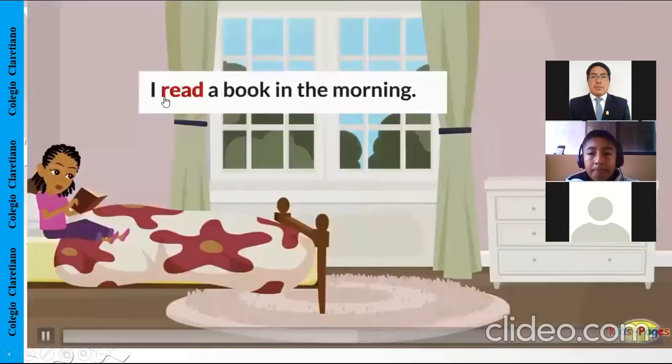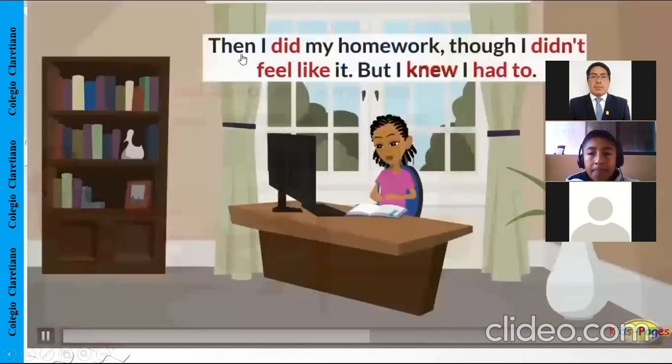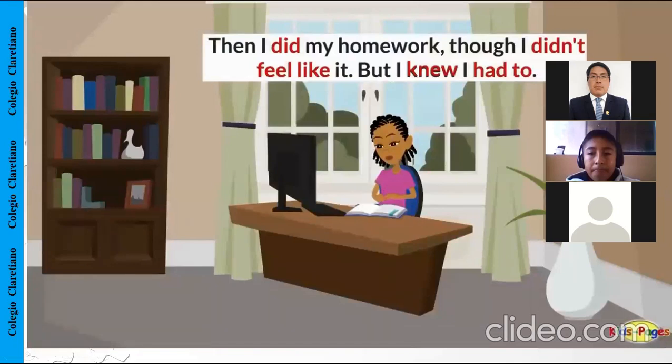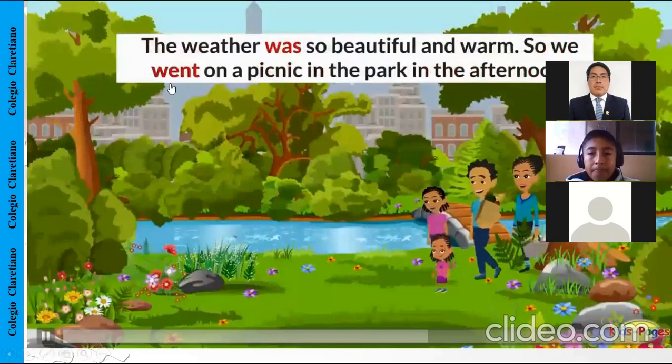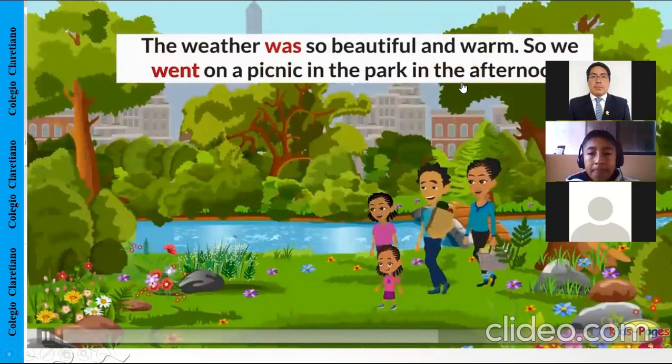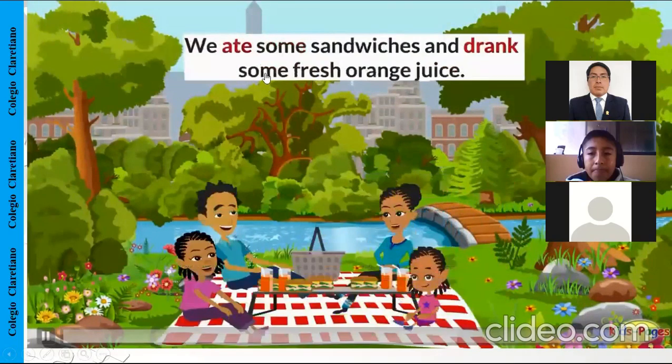I read a book in the morning. Then I did my homework, though I didn't feel like it, but I knew I had to. The weather was so beautiful and warm, so we went on a picnic in the park in the afternoon. We ate some sandwiches and drank some fresh orange juice.